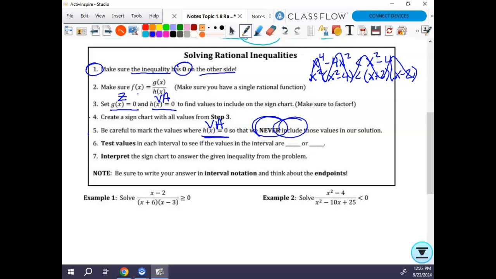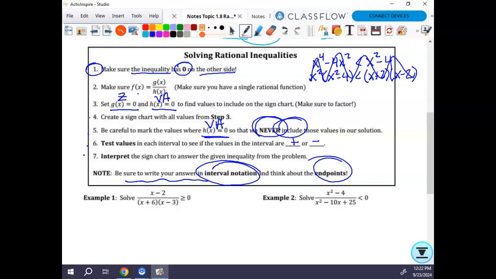Then we test values, just like we did for the polynomials, to see if the intervals are positive or negative. We interpret it and answer, and be sure to write your answer in interval notation and think about the endpoints. And we're going to think about the endpoints at the beginning so we don't have to overanalyze things as we go through. Okay? Everybody good at this point?